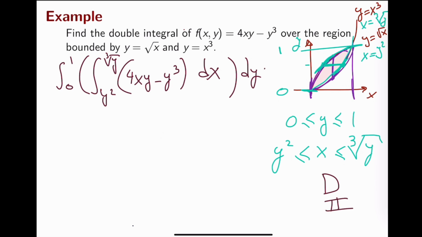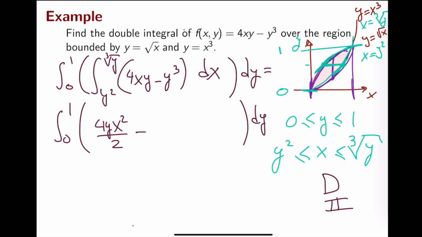And you can calculate these integrals in the same way. So you leave this for the end, so that will be the dy integral, and we need to do the primitive of this. Remember now the function is a function with respect to x, so then the primitive is going to be 4y x squared over 2 minus the primitive of this with respect to x, which is going to be y cubed, that is just a constant, x.